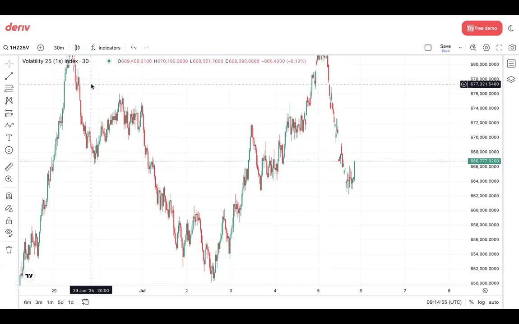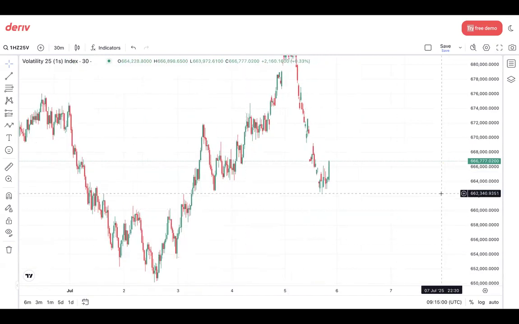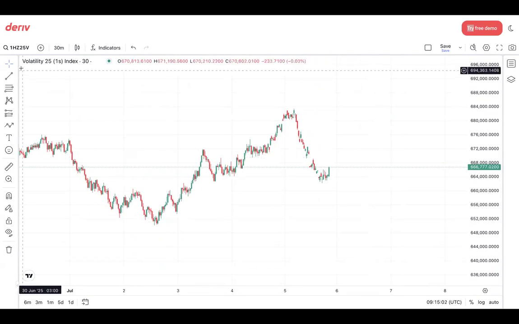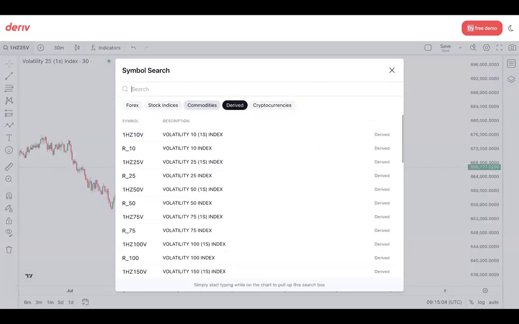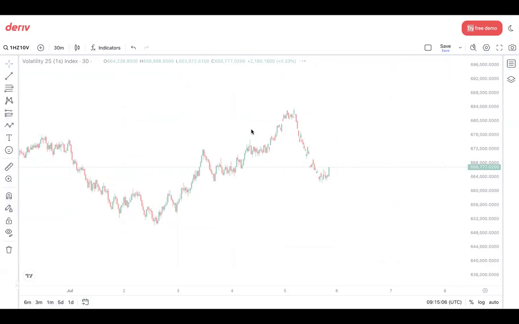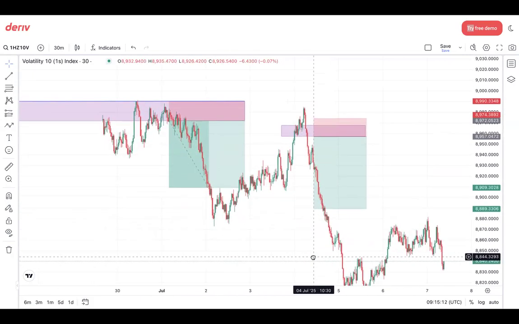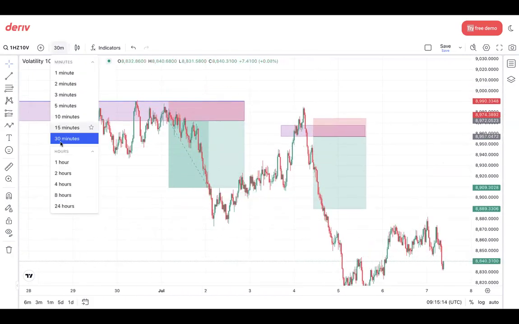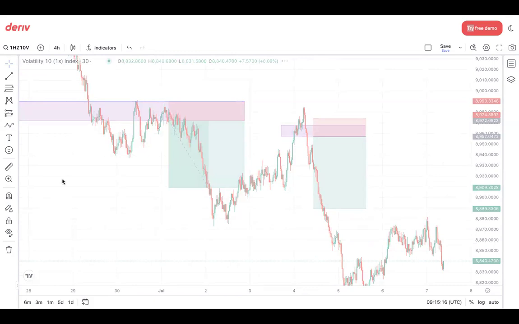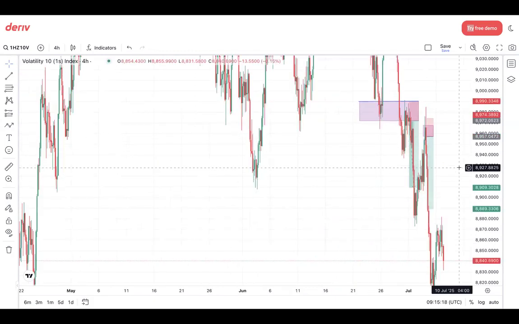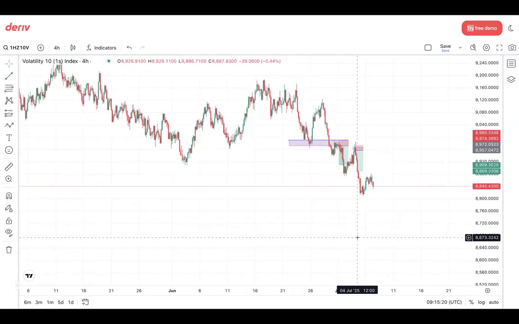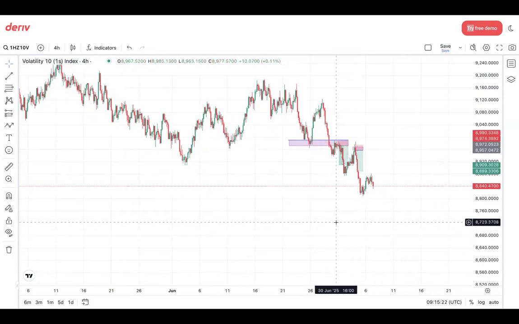Firstly, as you guys can see here on synthetics, let me go to volatility 10-1s. This is 30 minutes. Let's go to the 4 hour. So on the 4 hour time frame, it is clear that volatility, I'm going to do two pairs here.